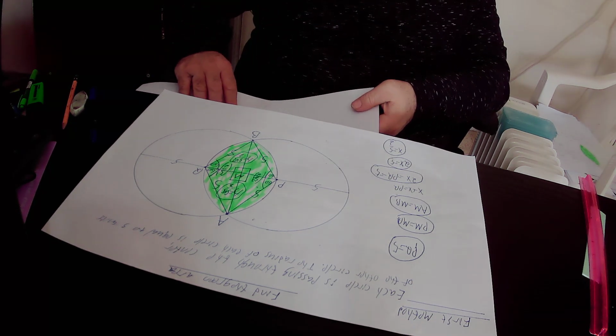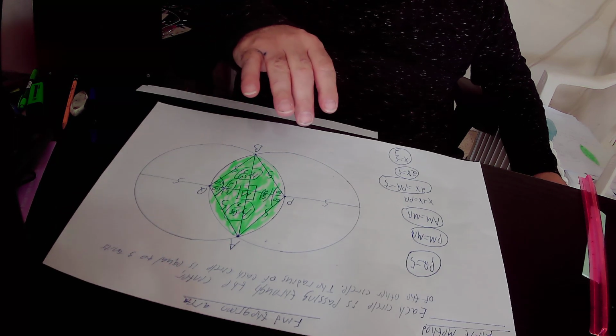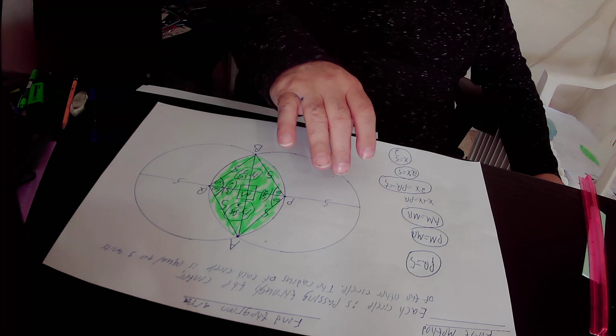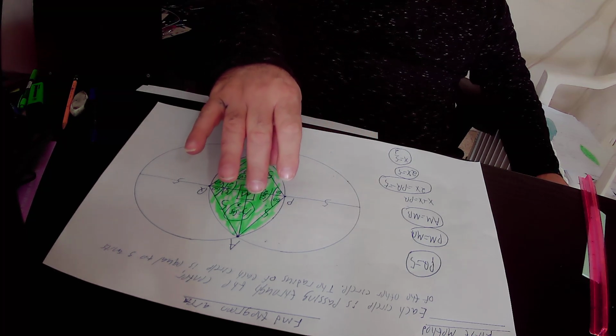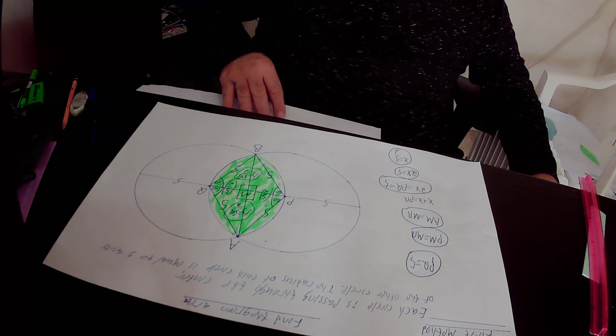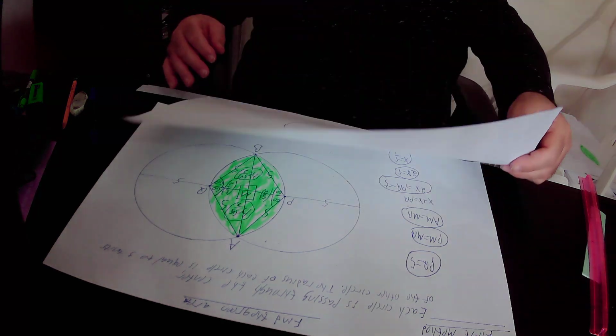We have here 2 circles. Each circle is passing through the center of the other circle. The radius of each circle is equal to 5 units, and we want to find the area of this green shape.